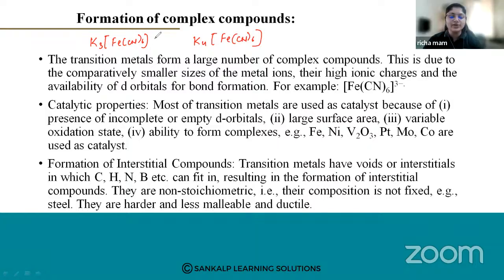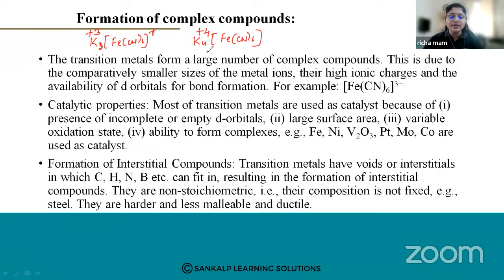What is the charge over here? The charge is positive, because we are adding K3, so the charge on the complex is +3. And here, what is the charge? The charge will be +4. Now, which is more stable?